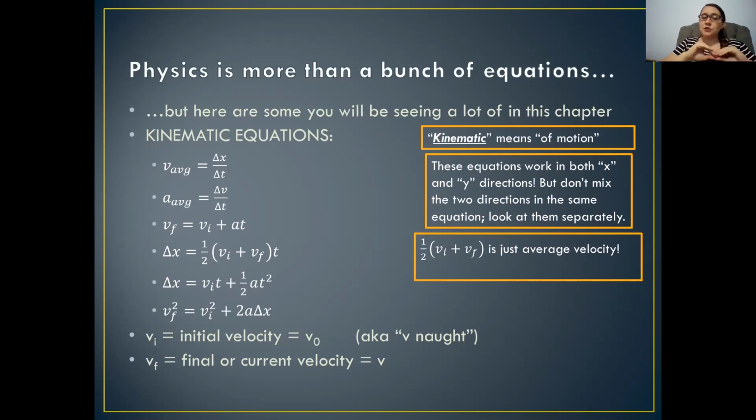But we have to treat those two directions separately. Horizontal motion and vertical motion are separate things. They do not influence each other. So we treat them separately. Okay, so we can't put y variables into an x equation.